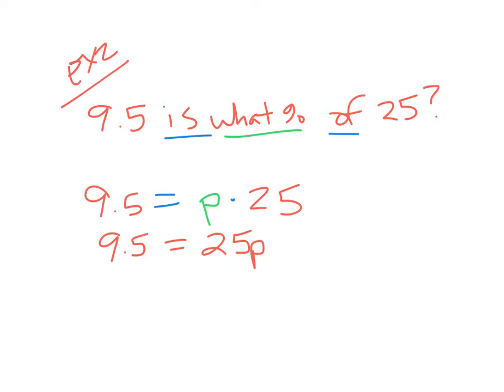It doesn't matter, but mathematically it makes sense. Now, how do I get the P by itself? You divide. Very good. Okay, so I get P equals 9.5 divided by 25. It'll be a decimal in your calculator.